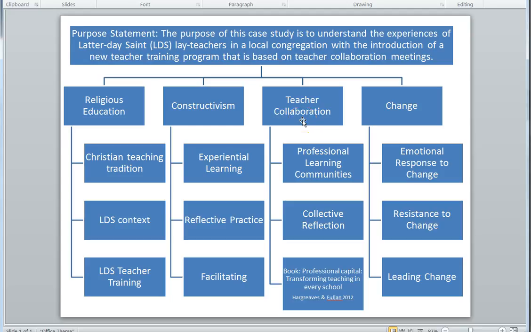Teacher collaboration is a major topic or stream of her investigation. And she's very interested in professional learning communities, collective reflection within those communities, and then she's got a particular resource. We want to give each of our subtopics resources, tag them with resources that we would use, because that will also help us with the write-up, won't it?